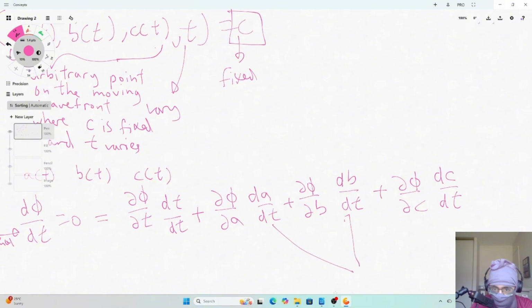All these values are total differentials, and these are partial differentials.